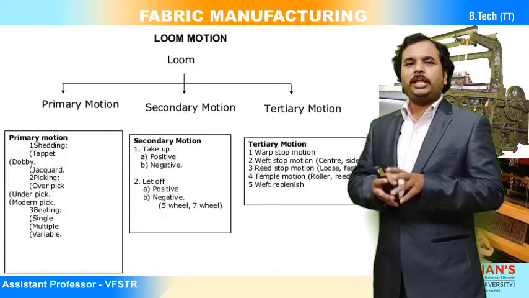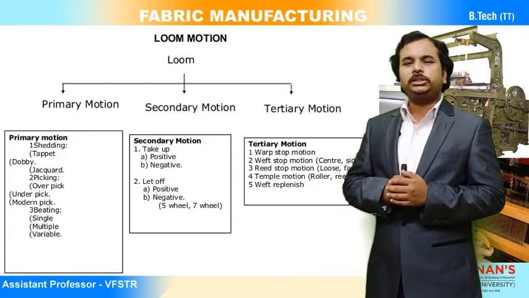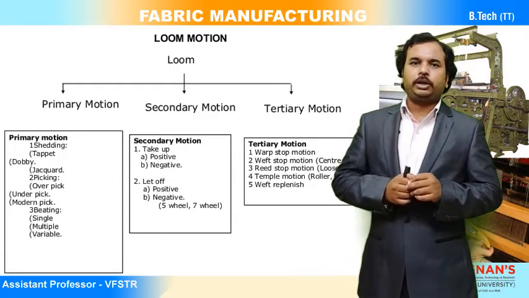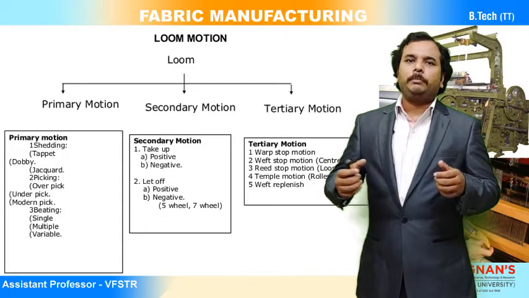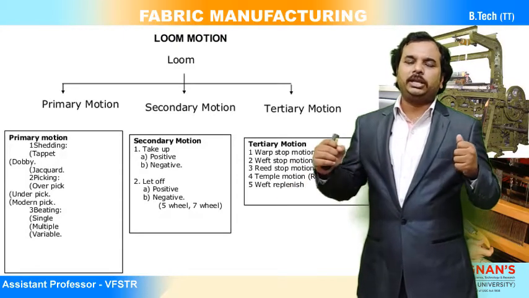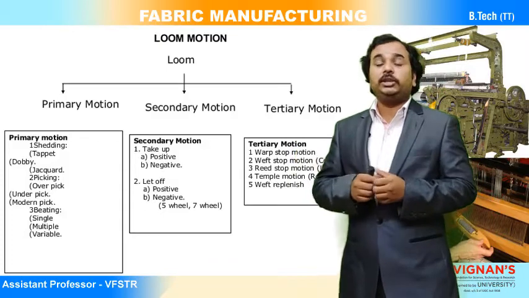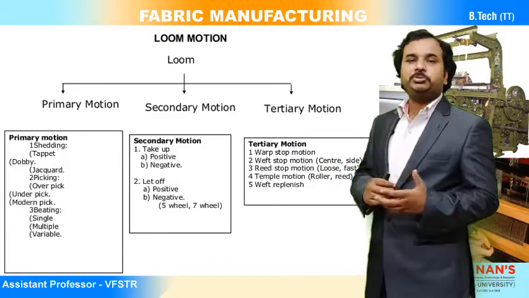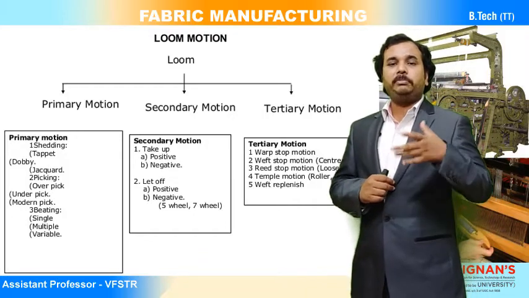So that is why there are reed stop motions, and there are temple motions also. Temples are used to maintain the fabric width, or the fabric tension in the width direction. And there are weft package replacements also, automatic weft replenishment.